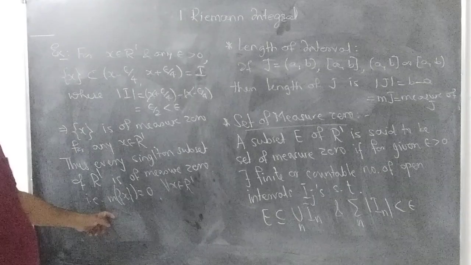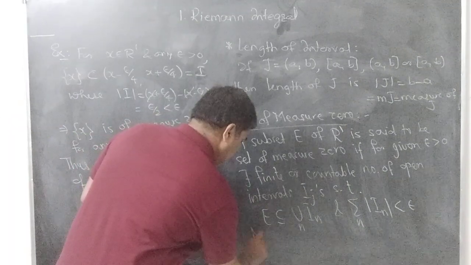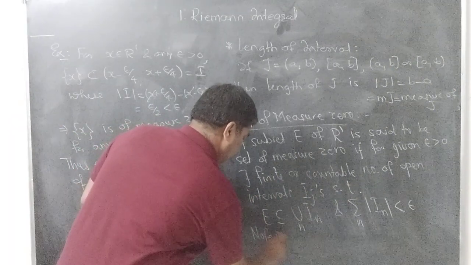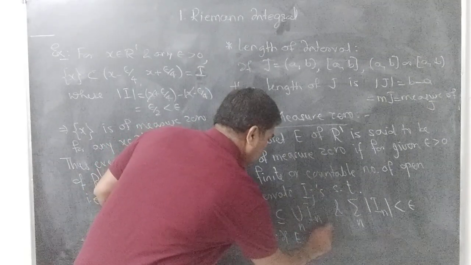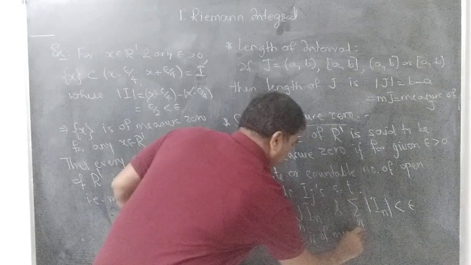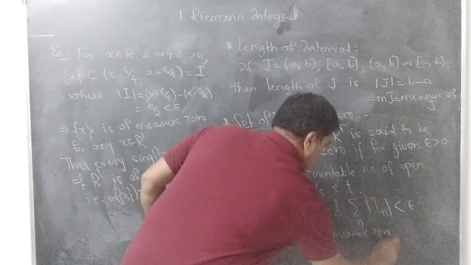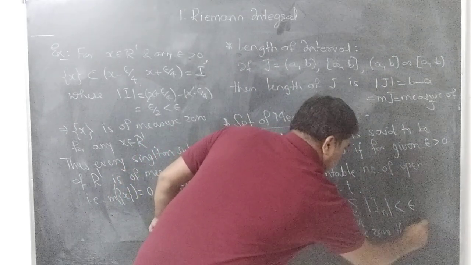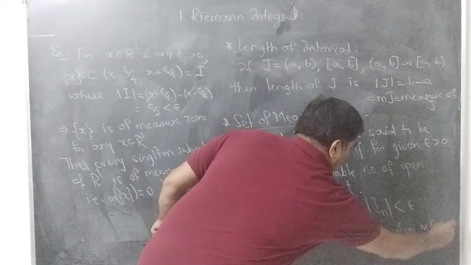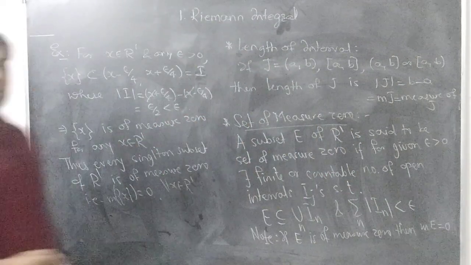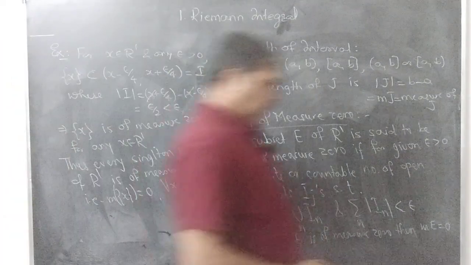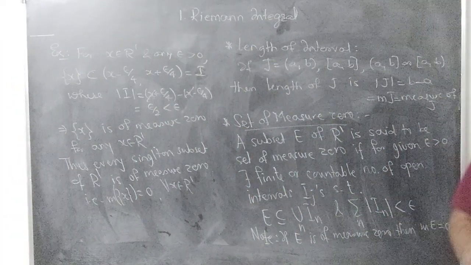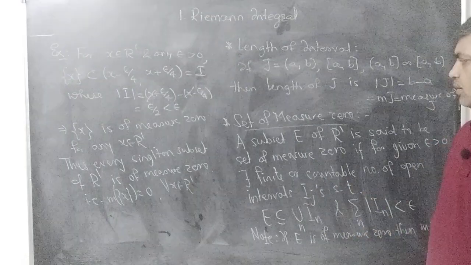So note, if E is of measure 0, then measure of E is equal to 0. We will denote it by this symbol. So this is about the set of measure 0.